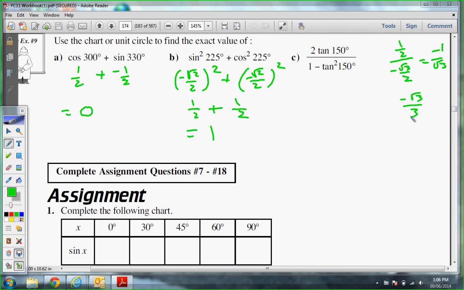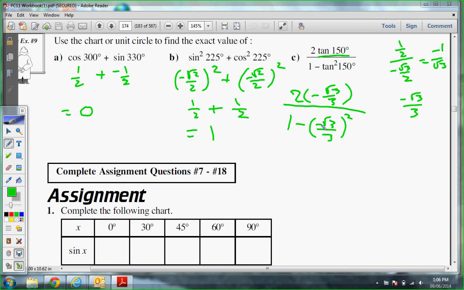That's what tan of 150 is. So I can go 2 times negative root 3 over 3 for that piece. Then 1 minus negative root 3 over 3 squared; the negative doesn't matter because we're squaring it.